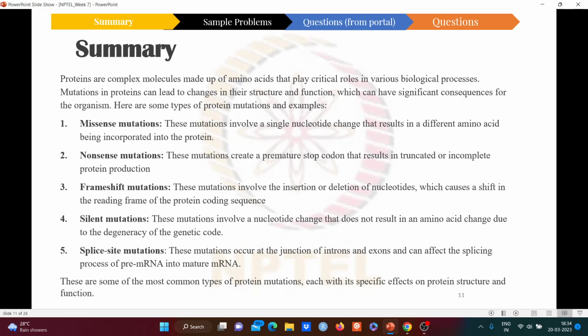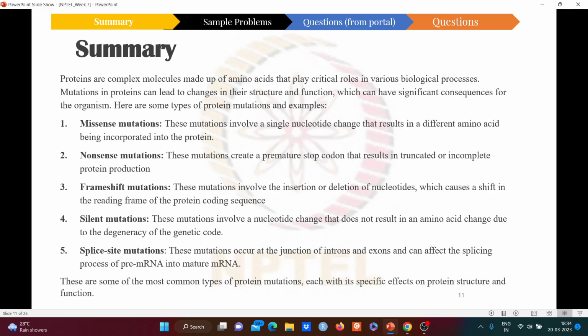So we have a mutation, but even with the mutation, the new codon still codes for the same amino acid. These kinds of silent mutations are mostly observed in the TP53 gene and others.